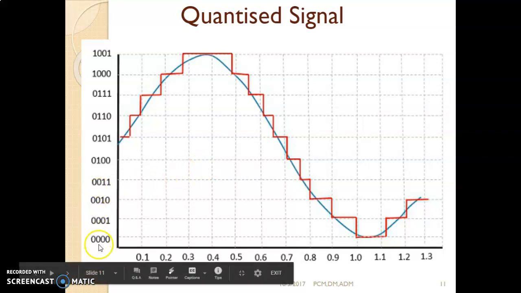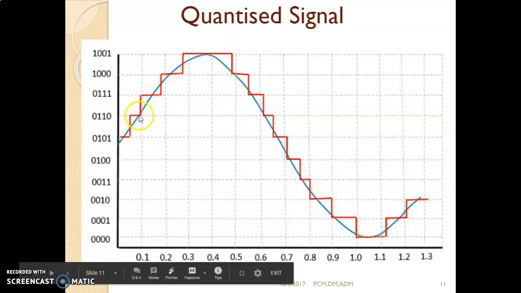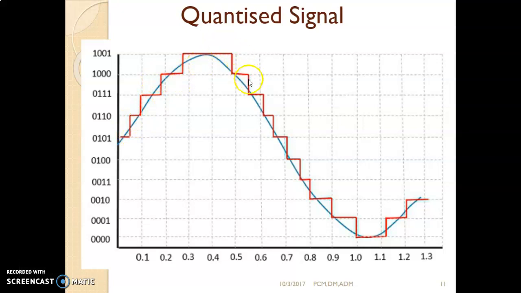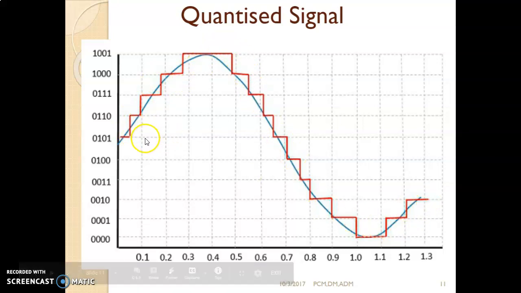You can see on the y-axis there are codes assigned, and this is a 4-bit code assigned to each and every quantized level, and therefore the red lines indicate a quantized signal which comes from the samples.